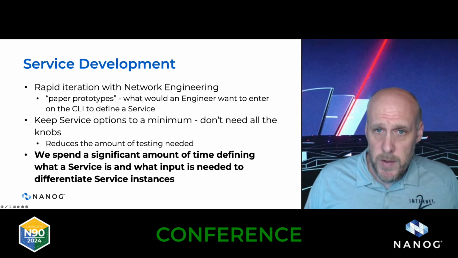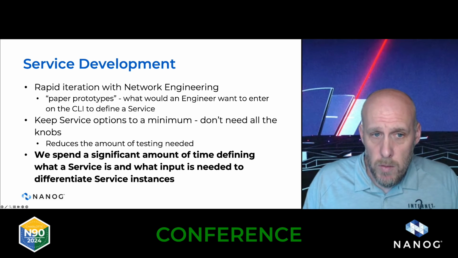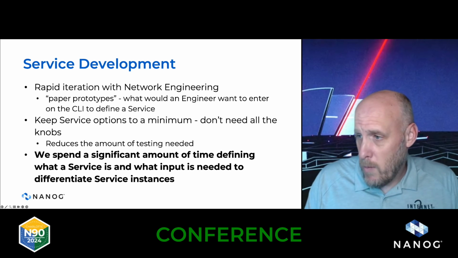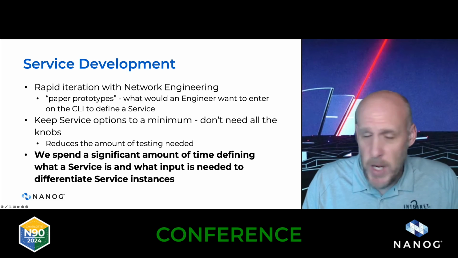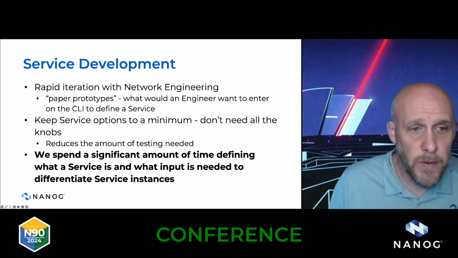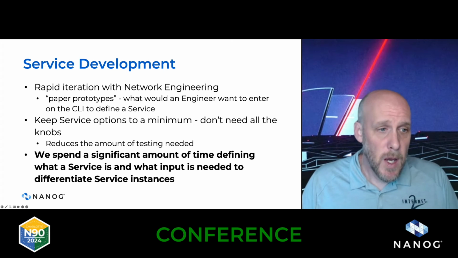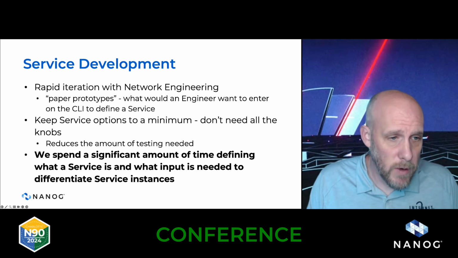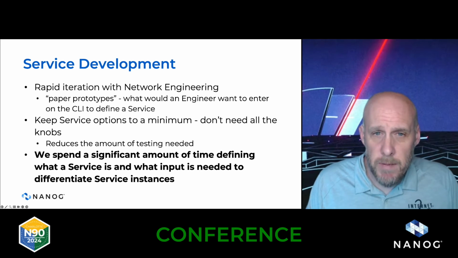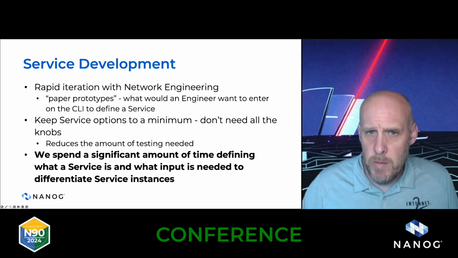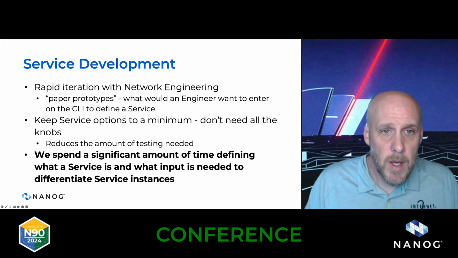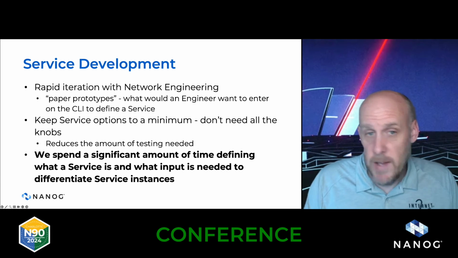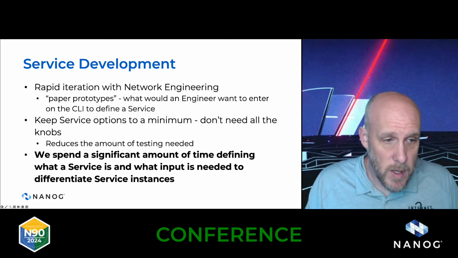So our service models are the minimum knobs available. Like if we don't need to change the MTU for an interface or a service related to an interface, we don't allow you to set the MTU. That's hard coded in the configuration. This also reduces the amount of testing needed because every knob you have, you should be running tests for it. And so the less you have, the less tests you need to write.